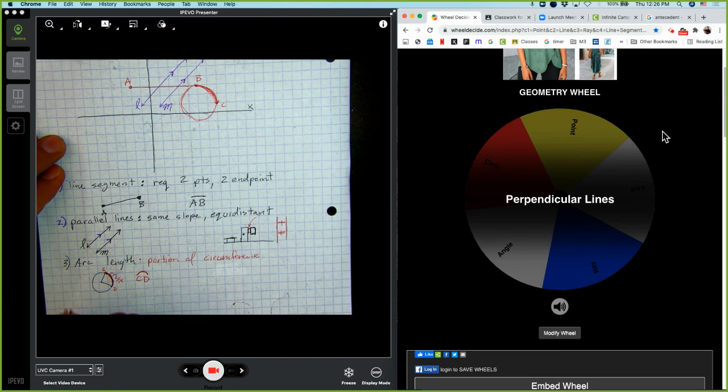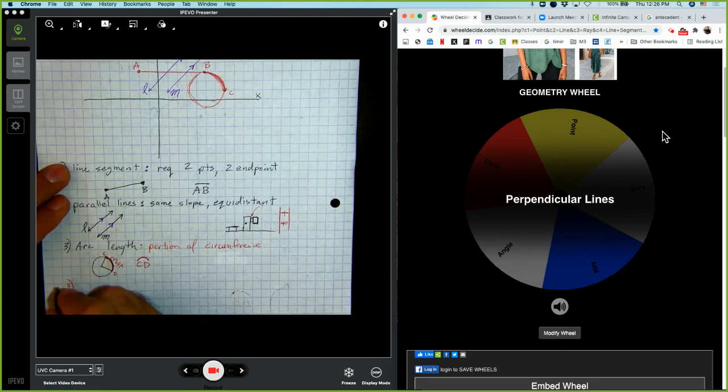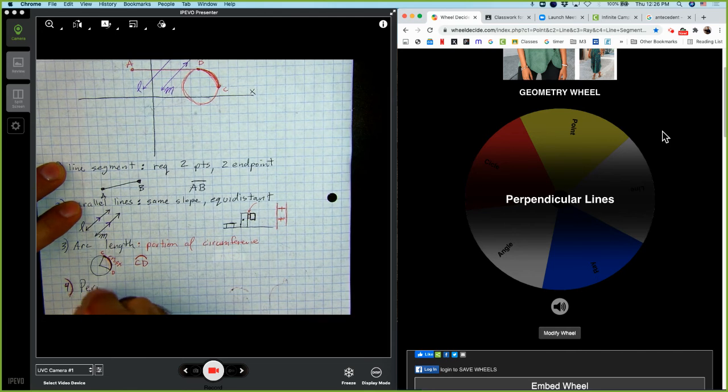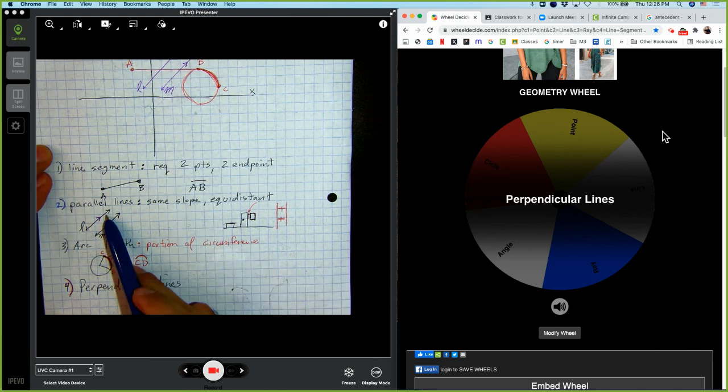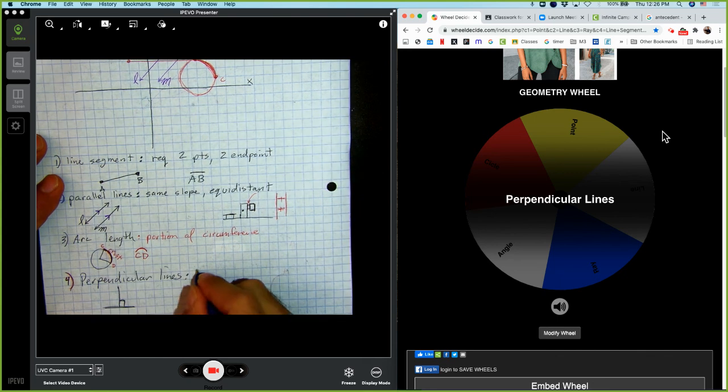What do we got? Perpendicular lines. Okay. So perpendicular lines, right? Instead of being parallel where they never meet, perpendicular lines meet. Go ahead and make like an upside down T, and they meet at 90 degrees. So it's two lines that meet at 90 degrees.